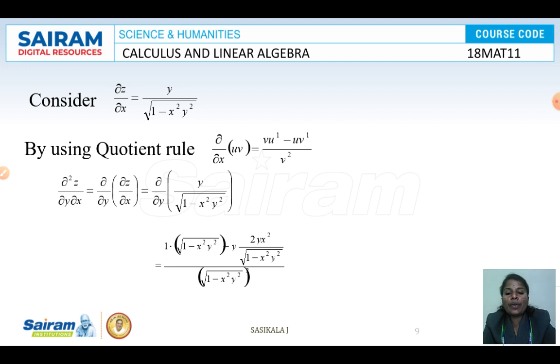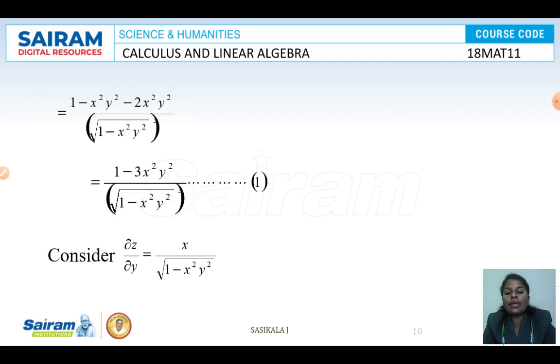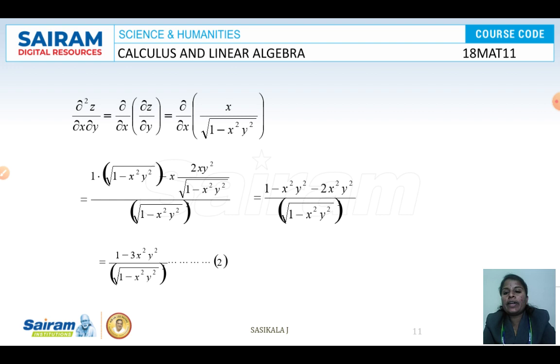Already you have a square, it will become a cube now, because the numerator one term, same thing will come. Similarly you can do dou z by dou y, which is x by root of 1 minus x squared y squared. Now with respect to x, the same term will come in terms of x. So what is that? 1 minus 3x squared y squared by root of 1 minus x squared y squared.